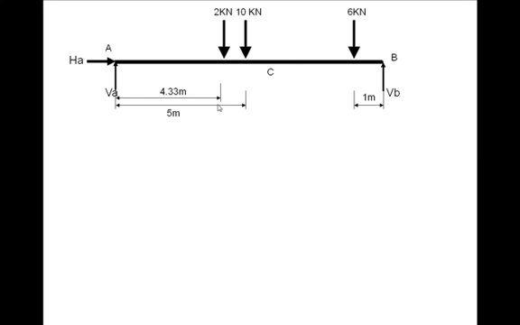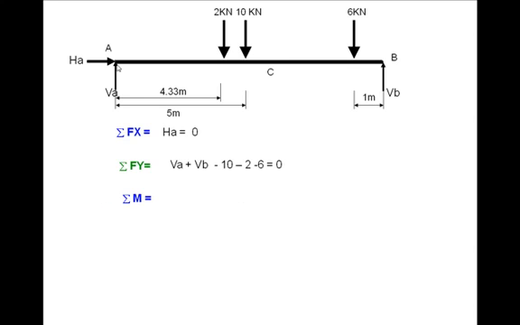In other words, we have reduced that complicated loading system into three vertical loads, and now we are going to simply apply sigma Fx = 0, sigma Fy = 0, sigma M = 0 to these loads and the reactions. Sigma Fx = 0 again simply gives me HA equal to 0. Sigma Fy = 0 goes like this: VA plus VB minus 10, 2 and 6.